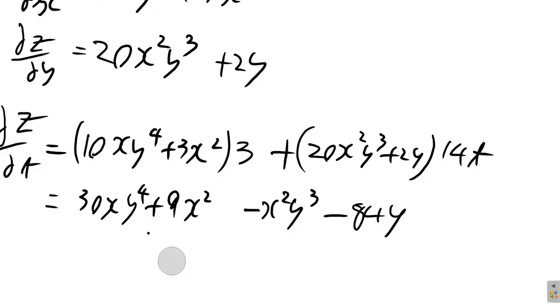Alright, so that seems to be it. Delta z by delta t is 30x y to the fourth plus 9x squared minus 840 x squared y cubed minus 84y.